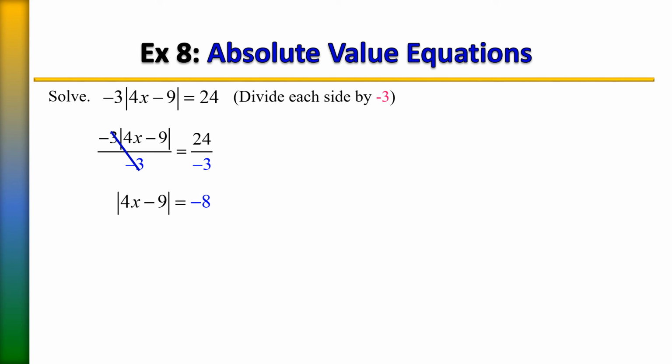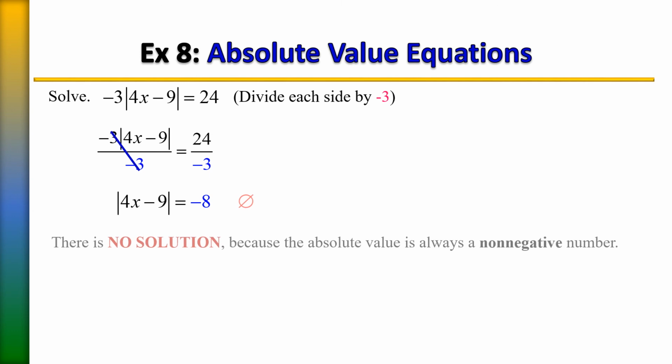And now we have the absolute value of 4x minus 9 equals negative 8. And recall, the absolute value property of equations states that the absolute value of a number must always equal a positive. It cannot equal a negative. So therefore, there's no solution to this particular equation.